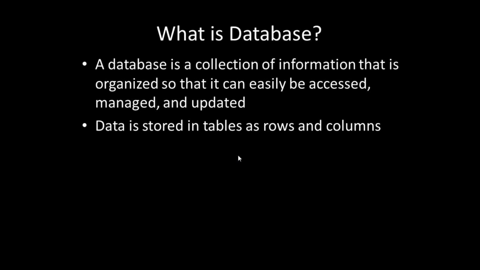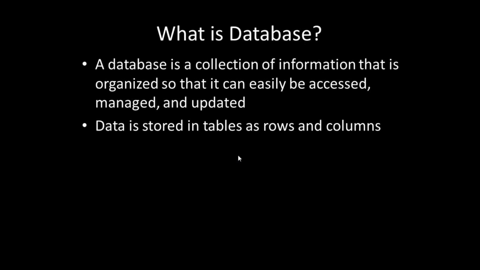Now, if you talk about databases, there are actually two kinds. One is a relational database and another one is a non-relational database, popularly called a NoSQL database. In today's demo, what we are discussing is a relational database.